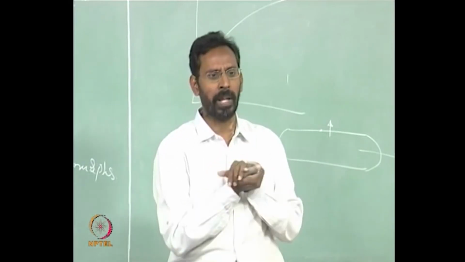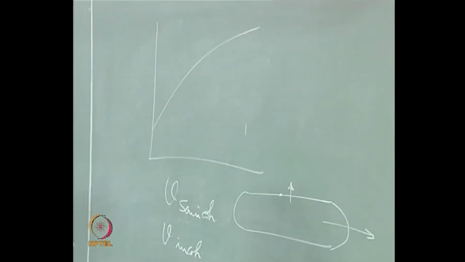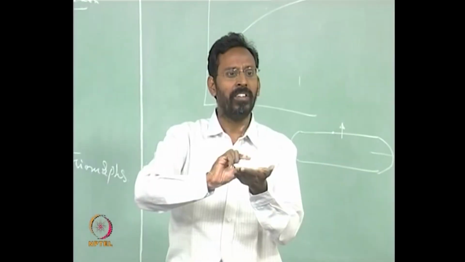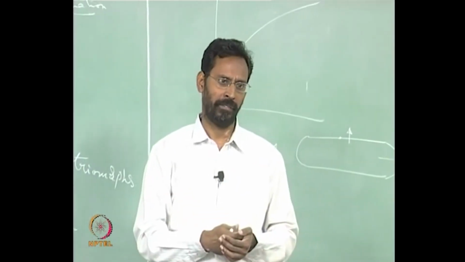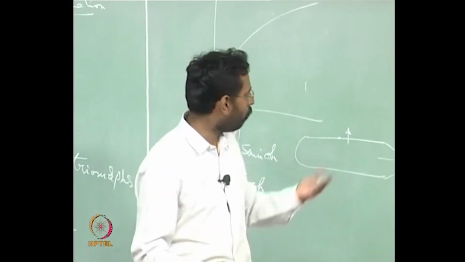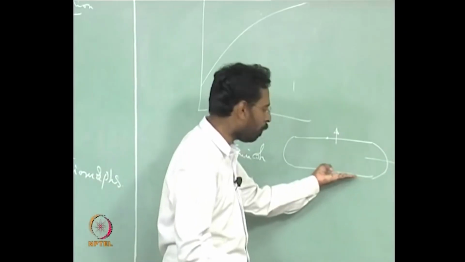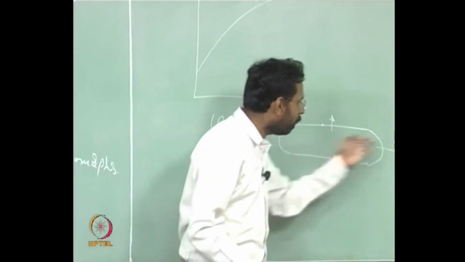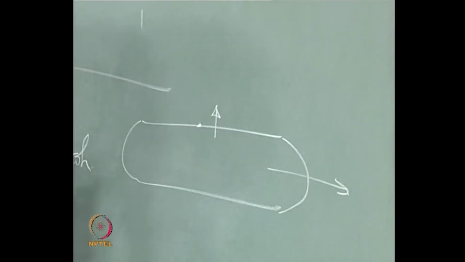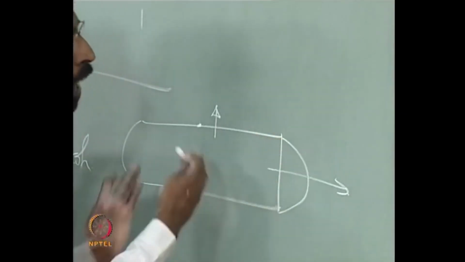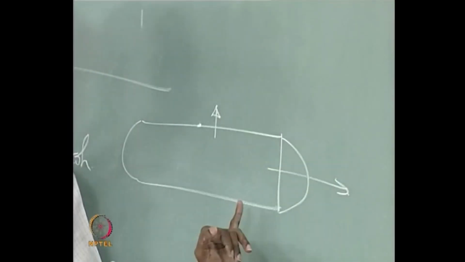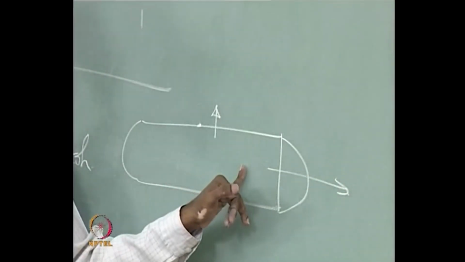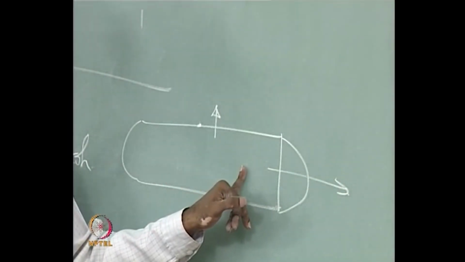So the 111 plane of the aluminum matrix acts as a nucleating site. So it is only that plane which is oriented with respect to some plane of the precipitate, whatever plane it is, and once you see that, so this is the precipitation, and then if you look at both the sides, if it has to maintain coherency with another plane of this, there may not be a plane which is perpendicular to this which is also coherent with the matrix and the precipitate, you may not see that.